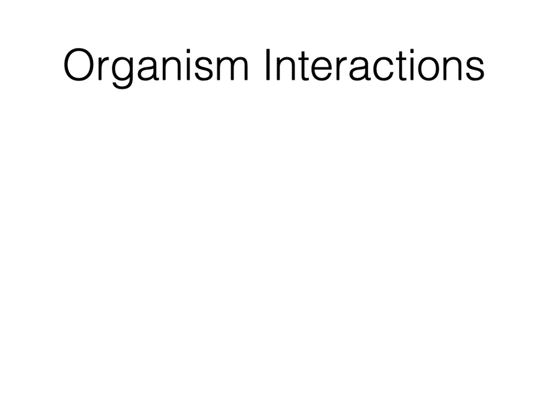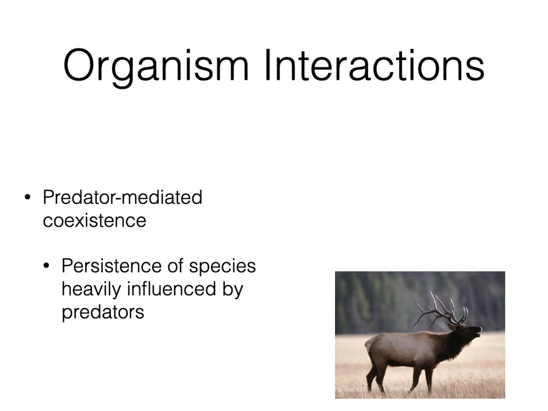All right. And so the last example that I want to talk about continues this discussion about keystone species, and it's predator-mediated coexistence. Right? So this idea that the persistence of species is heavily influenced by predators. And so one thing that happened when wolves disappeared from landscapes, particularly in the western part of this country, we saw crashes in populations of elk.